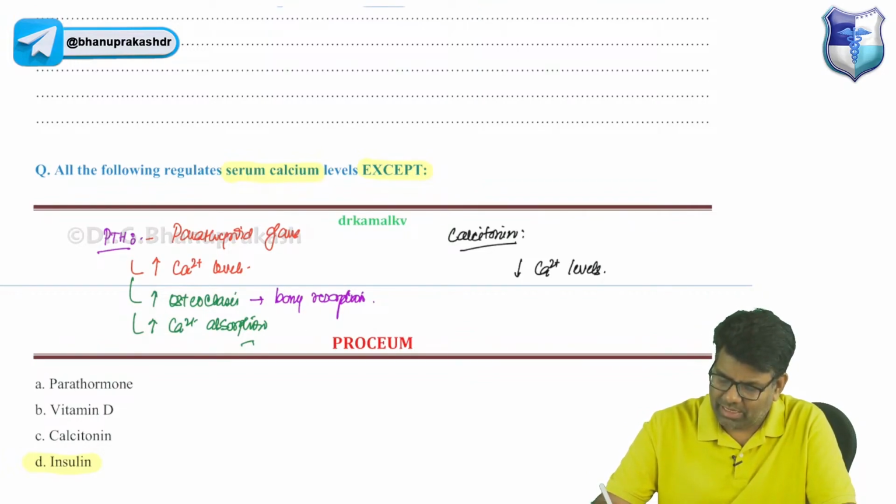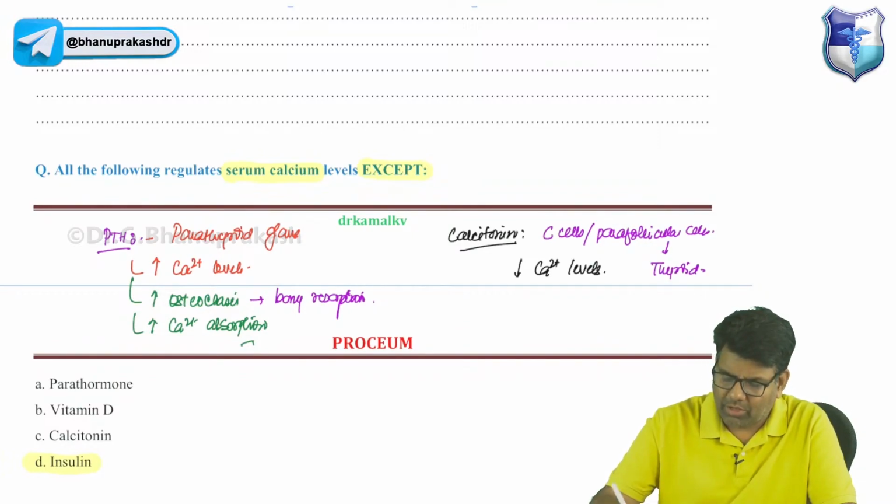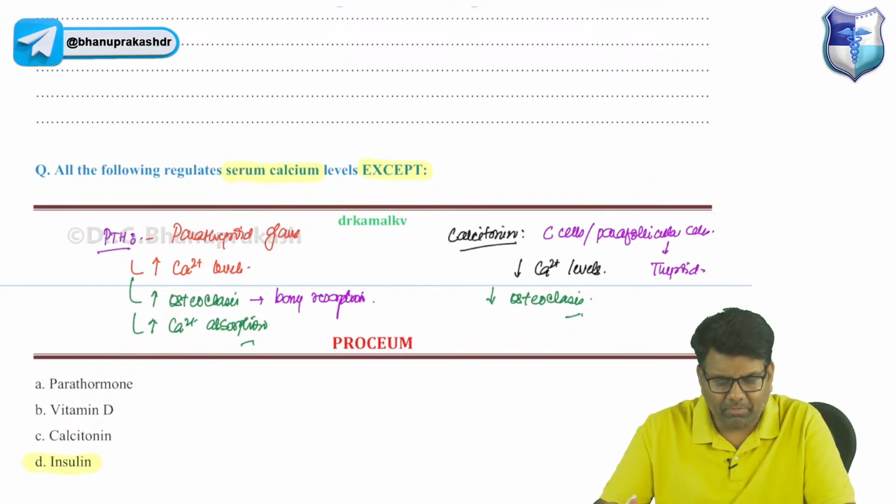So this is released from C cells, which are also known as parafollicular cells of the thyroid. So it decreases serum calcium level and principally decreases osteoclasis.